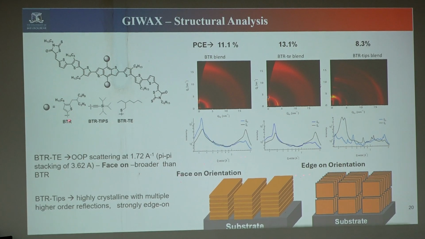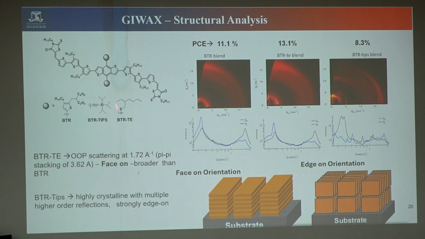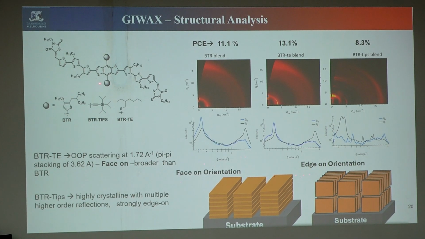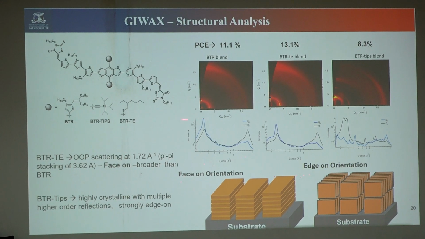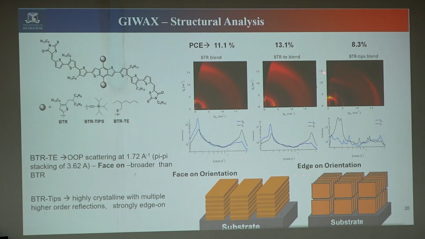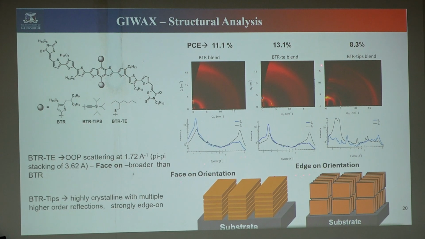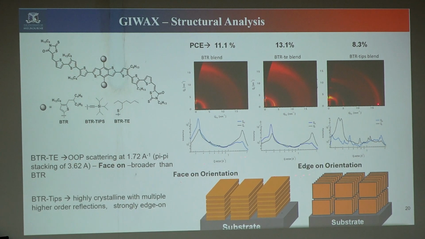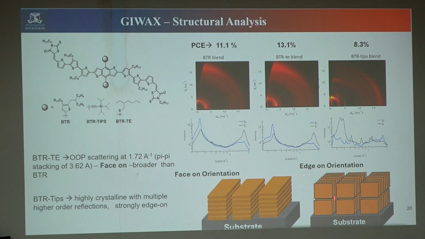The side chains are varying with the rhodanine, and this is a silyl group and this a thioester group. So by substituting different side groups in this molecule, we are getting different structural arrangements. Here we are getting broader face on, but when you have the TIPS substituents, we don't see the peak in this direction. We only see the peak at 1.6. So this is predominantly in edge on position.